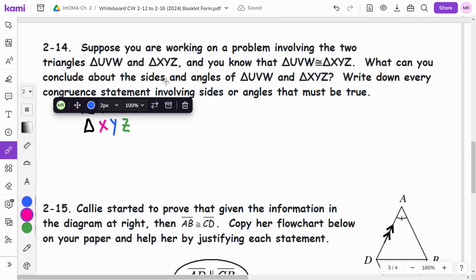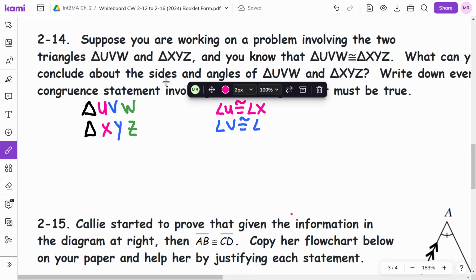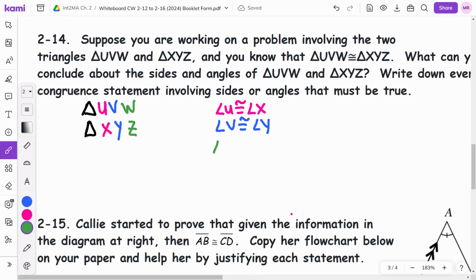The very first thing I'm going to say is that angle U is congruent to angle X. Angle V is congruent to angle Y. Angle W is congruent to angle Z. Okay, those were the angles.